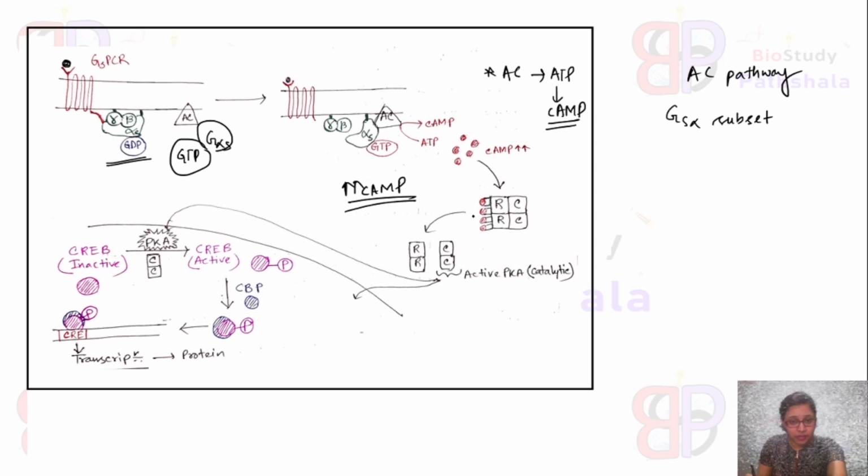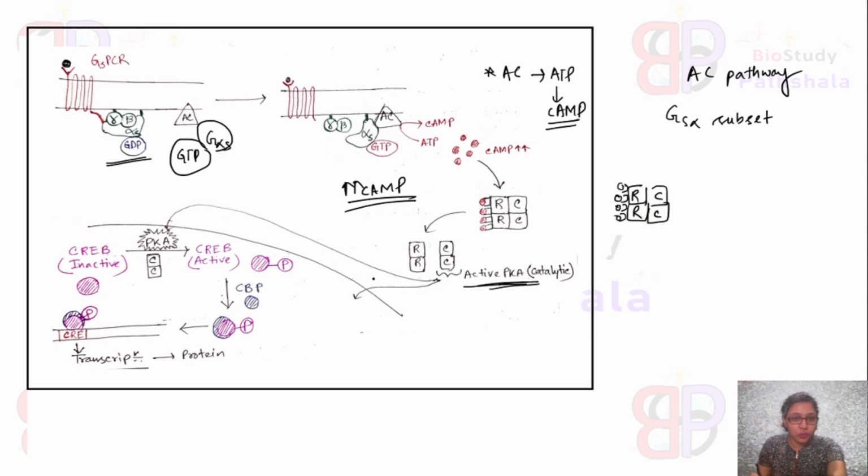This high level of cAMP now activates the protein kinase A. Now how does this activation work? This protein kinase A shows 4 subunits: 2 regulatory subunits and 2 catalytic subunits. The regulatory subunit shows sites where cAMP can bind, and after binding this cAMP, the regulatory portion dissociates from the catalytic portion and the protein kinase A becomes activated.